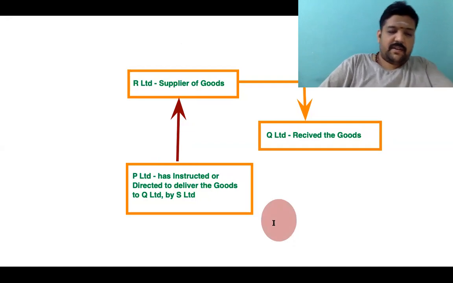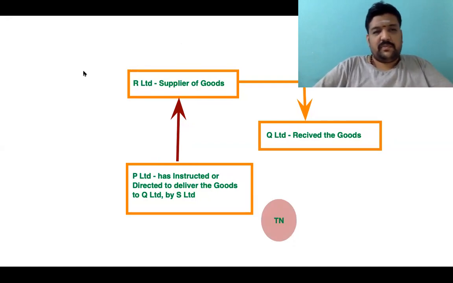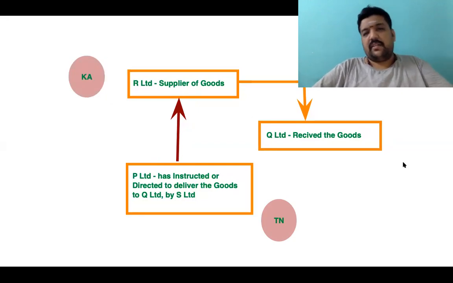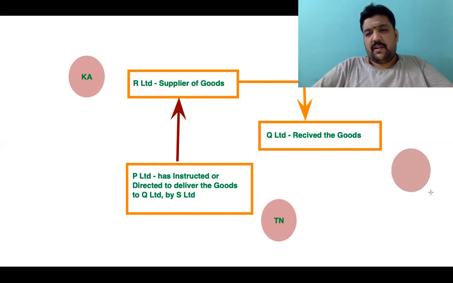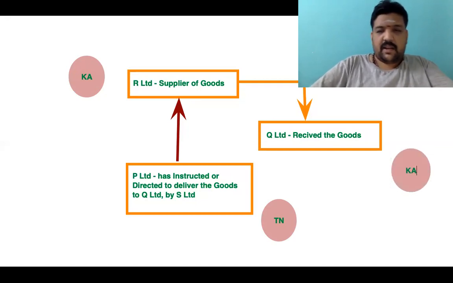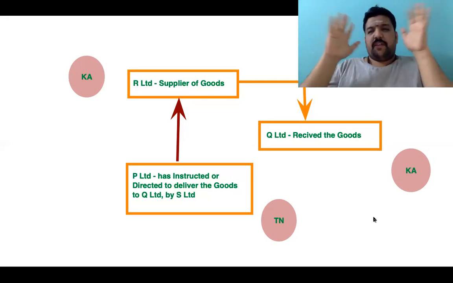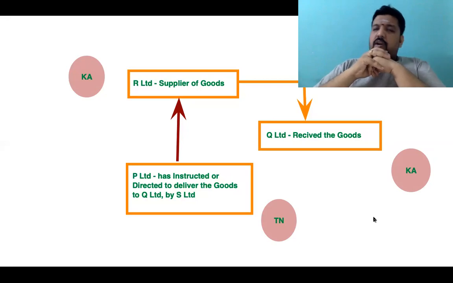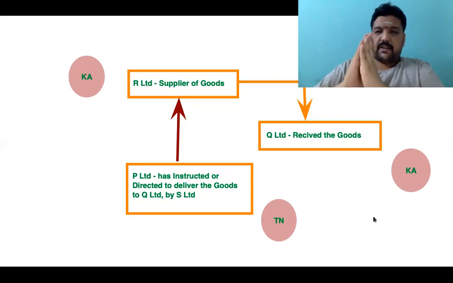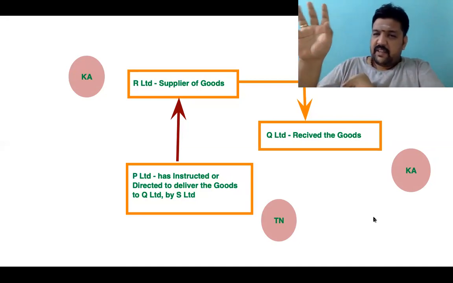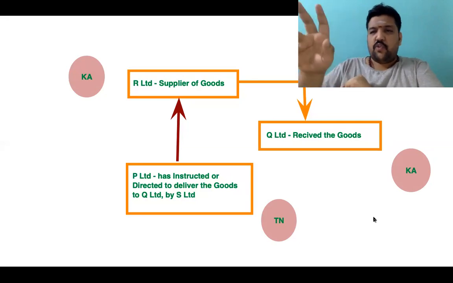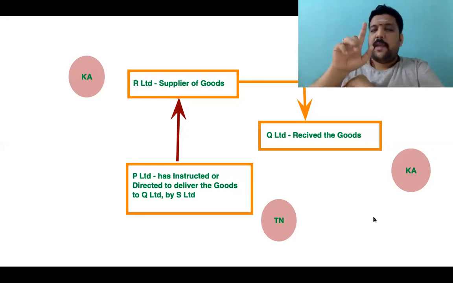P Limited in Tamil Nadu, R Limited in Karnataka, Q Limited in Karnataka. How to determine the place of supply? The law says that though R Limited delivers the goods to Q Limited, we will not go by the movement of goods, because we get an instruction from P Limited.